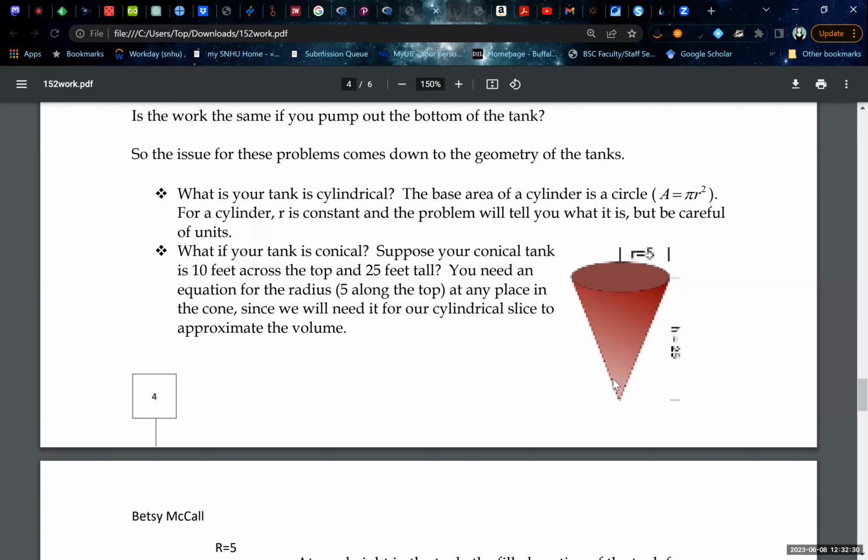But the radius of that circle is going to change as you go up and down the tank. And so you're going to have to use a similar triangle to find the relationship between the radius of the circular slice and the height that you are on the tank.